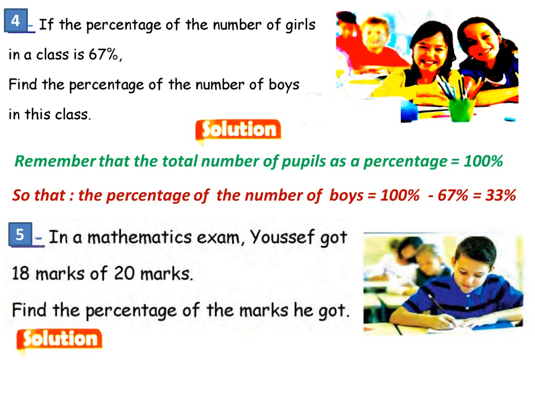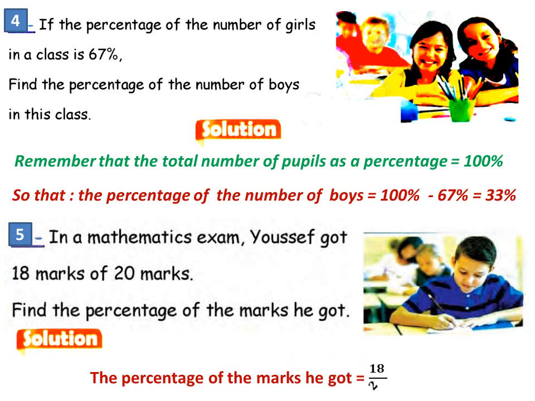Okay, solution. Firstly, we will know the representation of 18 marks of the total, which equals 20, by dividing 18 over 20 marks. The percentage of the marks he got equals 18 over 20 times 100% to get the percentage of this mark.